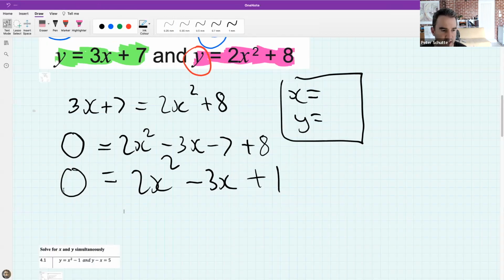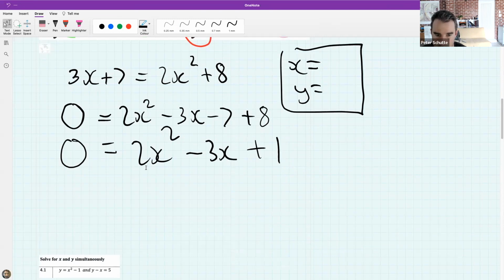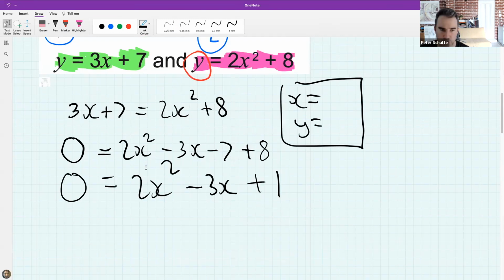So you can solve this using the quadratic formula. It may factorize. I don't mind. I'll stick with the quadratic formula for now. You are always given the quadratic formula.